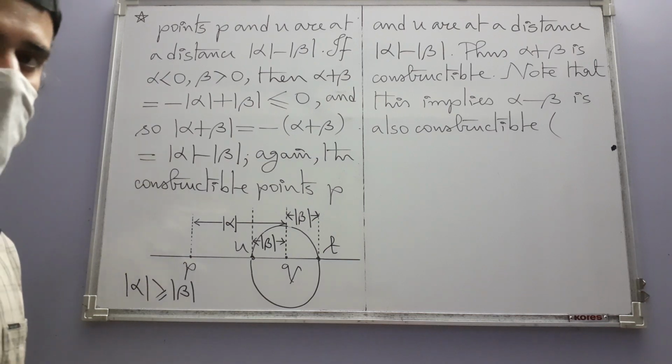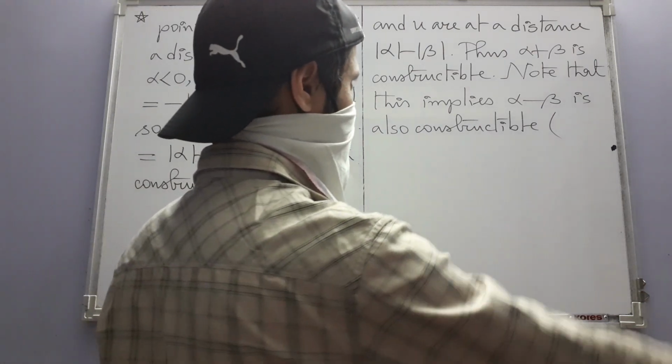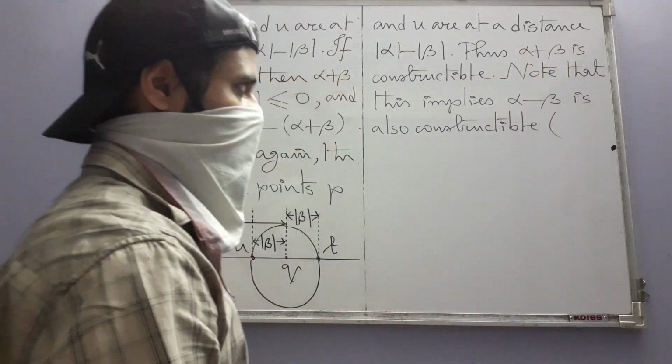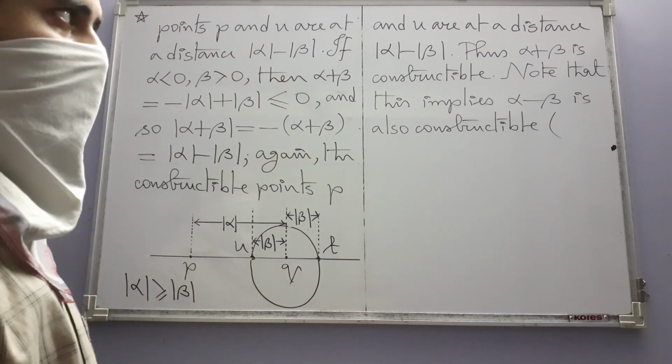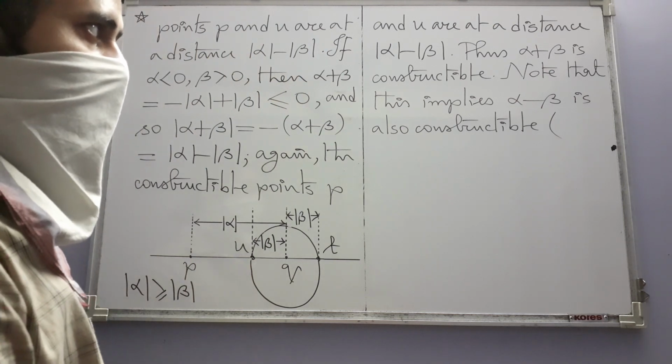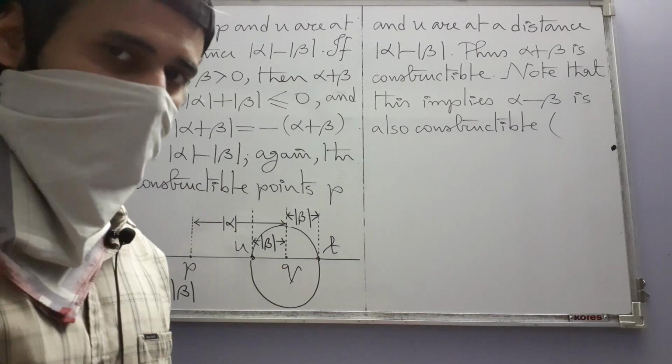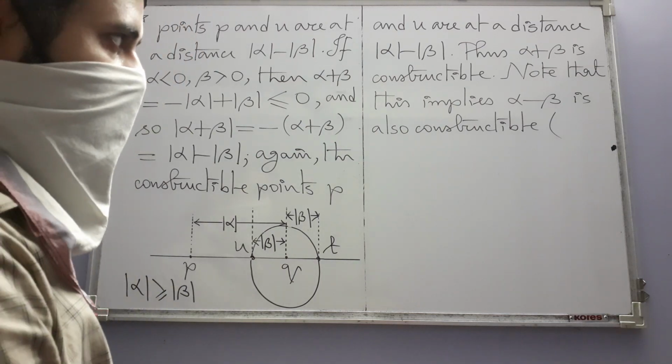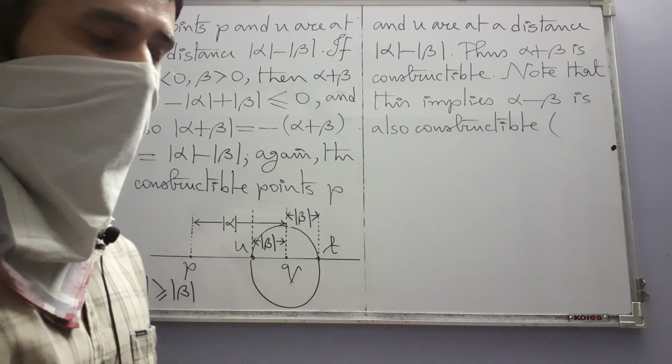Why? We have proved that for any alpha and beta, alpha plus beta is constructible. So that automatically means that alpha minus beta is also constructible. But how exactly?